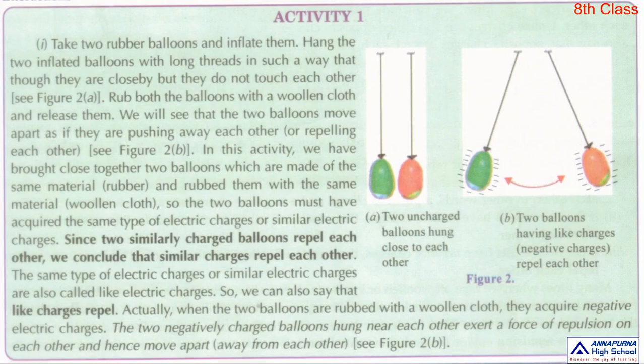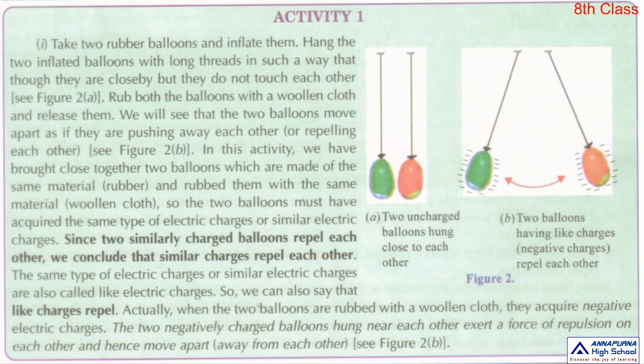The balloons are made of the same material and are rubbed with the same material, so the same charge, negative, is acquired by both. Whenever negative charge is acquired, the two are repelled and move away from each other. From this we can clearly say that same charges, that is negative charges, repel each other.